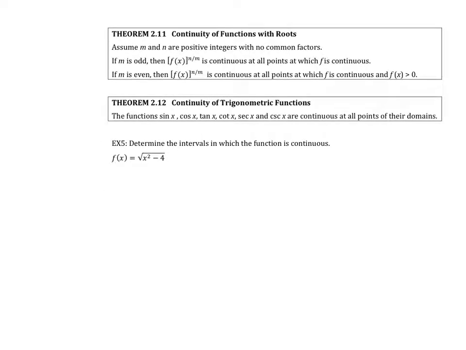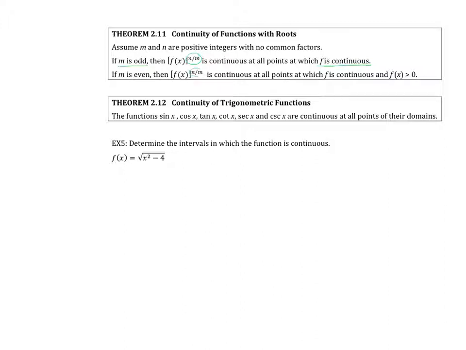So let's add in some more theorems. We're going to look at functions that have roots, like a square root or a cube root. If you have a function that's raised to an exponent that's rational, or a fraction, you have to be careful about what the denominator is. If the denominator is odd, then there's no problem. Wherever f is continuous, f to the n/m is also going to be continuous.